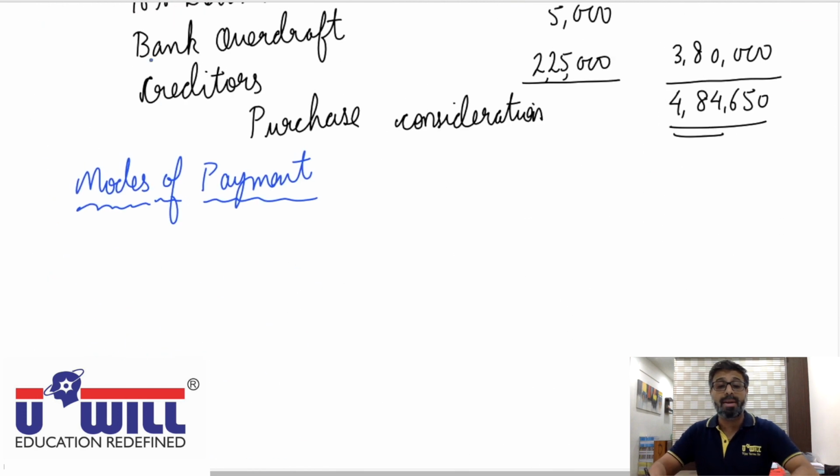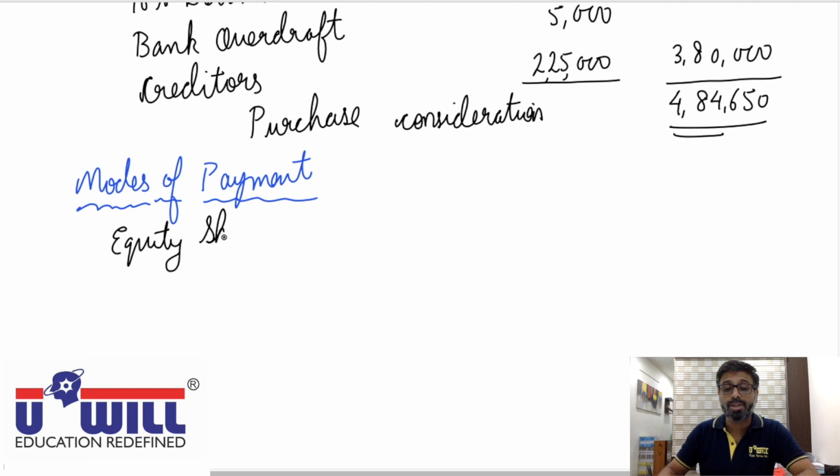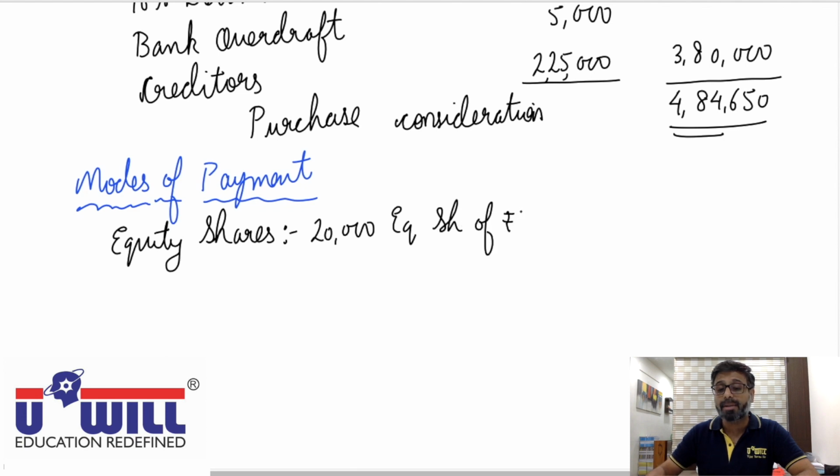So one mode of payment is equity shares. We are going to give 20,000 equity shares of rupees 10 but at rupees 12, so you will multiply with 12 only. 2 rupees is premium. The value would be 20,000 into 12, 2,40,000. The agreed value will be 2,40,000.